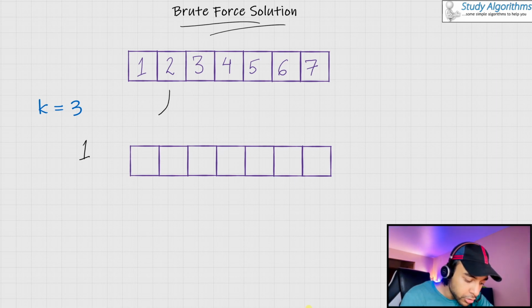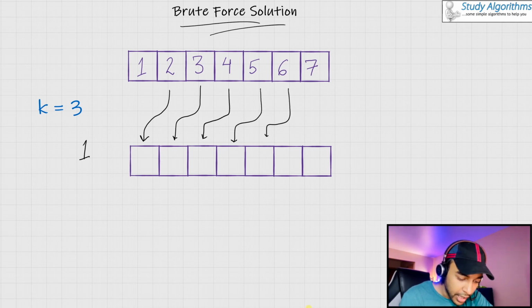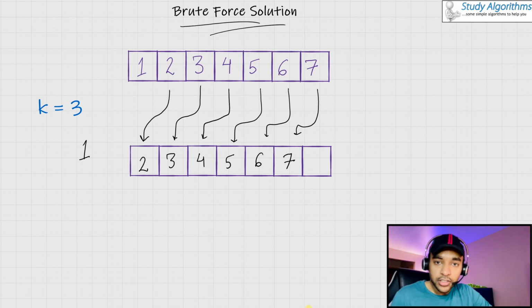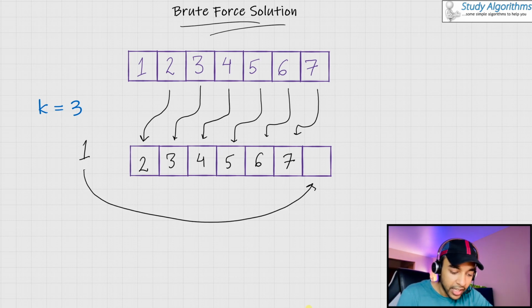So what you will do is you will copy 2 over here, 3 here, 4 here, 5 here, 6 here, and then 7 here. And then your array will look like this. Once you are done moving all the elements, just take up the element that you had extracted and put it over here. So you were able to perform one rotation.